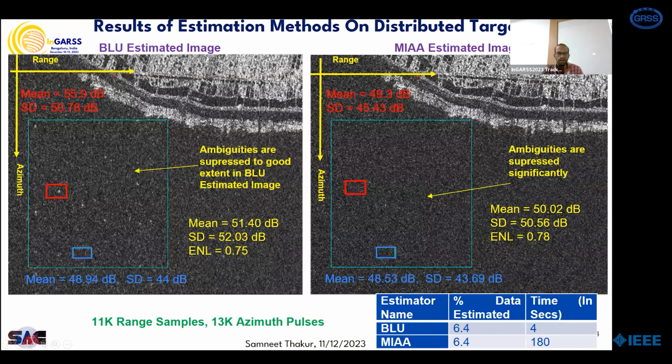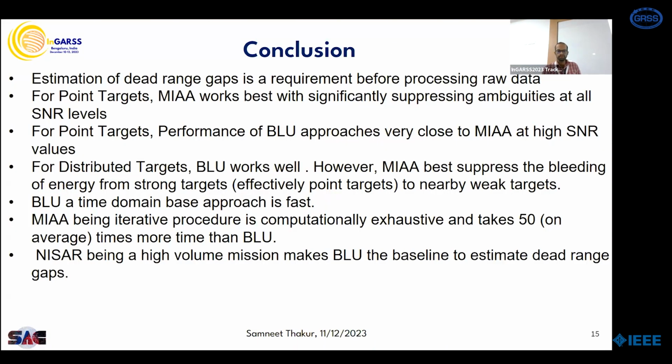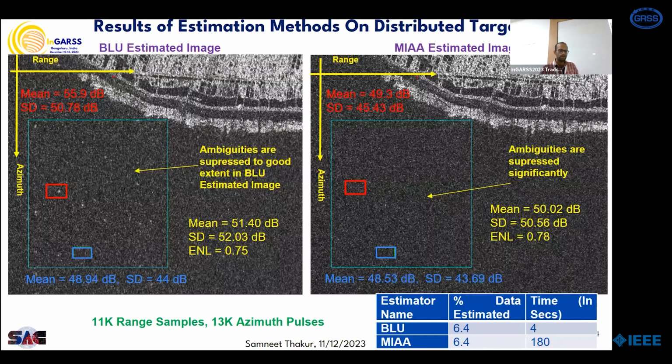But overall for other distributed targets, BLU works good also. And these are the times that it is taking to estimate the data. For example, it is taking 4 seconds using BLU and 180 seconds using MIA. This timing is for 11K range samples and 13K azimuth pulses.